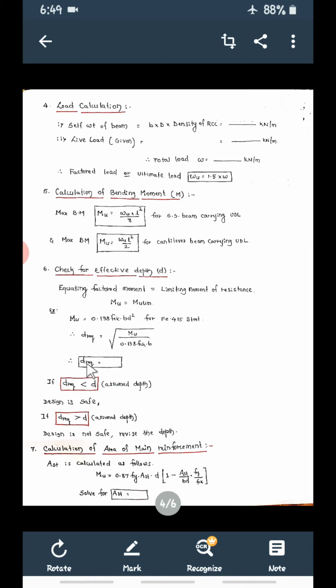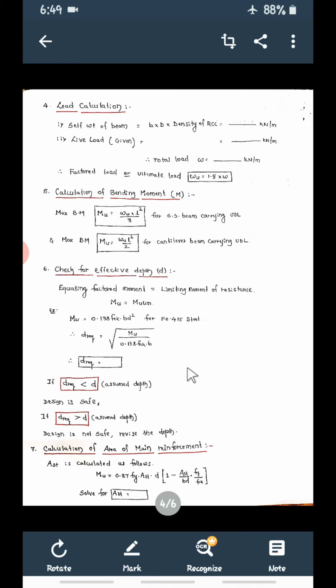If d required is less than what we have provided, our design will be safe. If you are providing more than this in the beginning, then the design is safe. Otherwise you have to go again to the first step and repeat the same procedure.